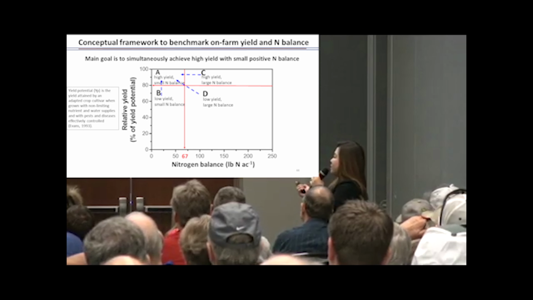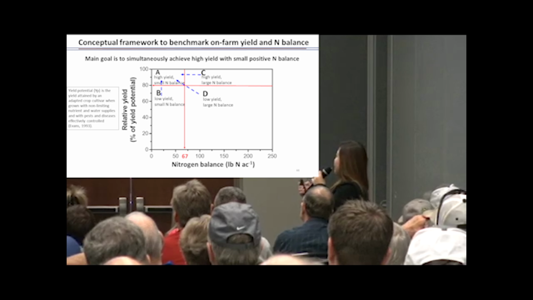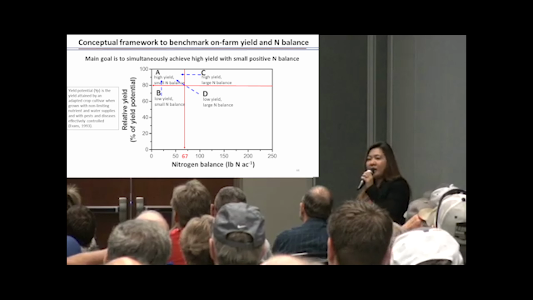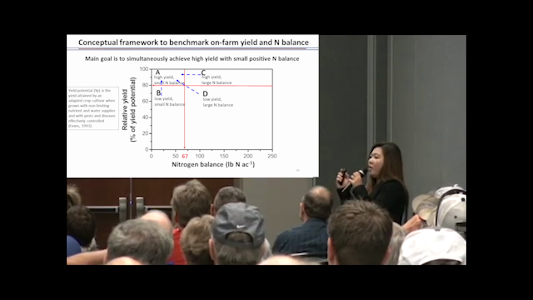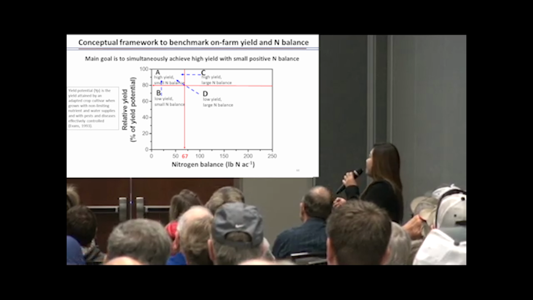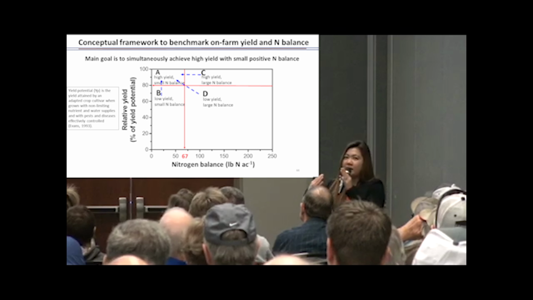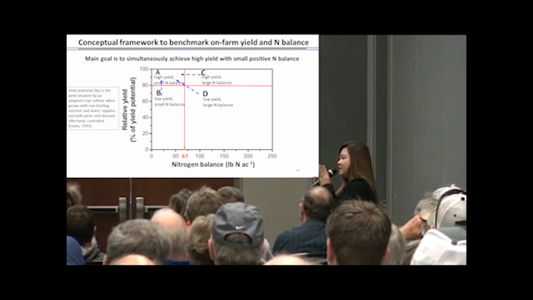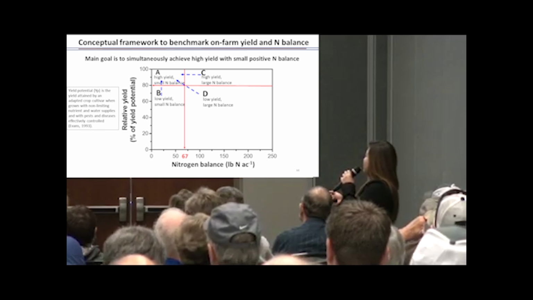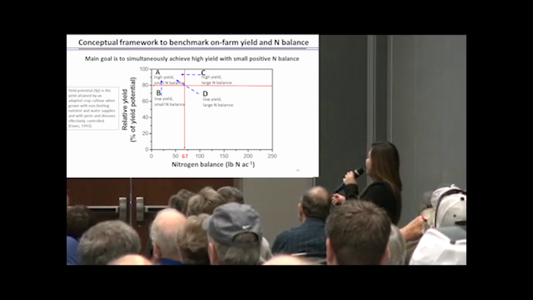So once these thresholds were assigned, we can then group those fields into 4 categories. And like what Patricio has said, our main goal is always for producers to fall in this category A. So the main goal is always to simultaneously achieve high yield and at the same time exhibit small positive nitrogen balance. So that would be category A here.